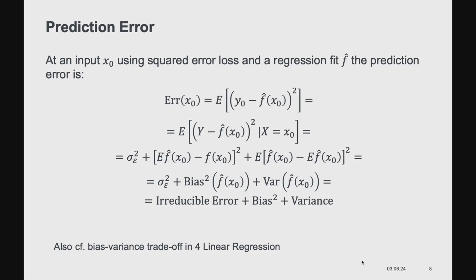And we had some bias in our model, our f hat, and we had some variance that comes from the fact that it depends on which kind of data we sample. So this is our prediction error. It comes from these three sources: the irreducible error, the bias, and the variance.